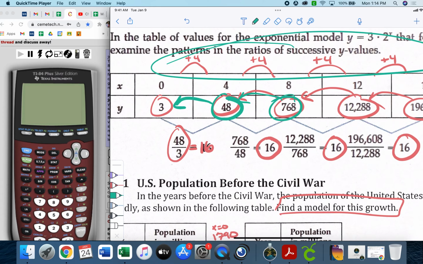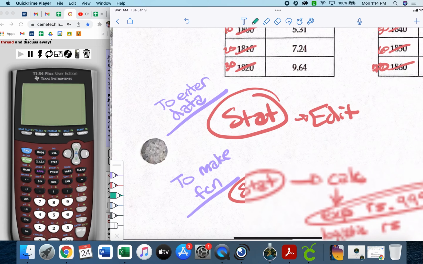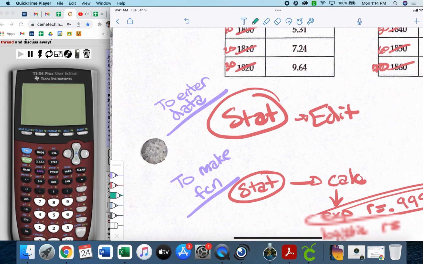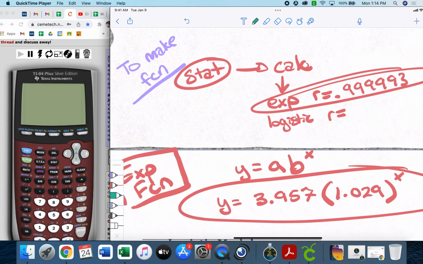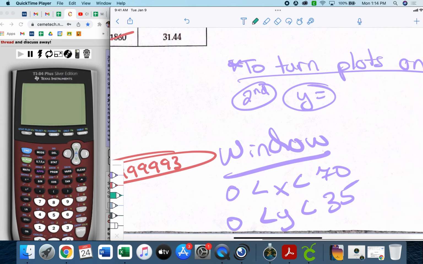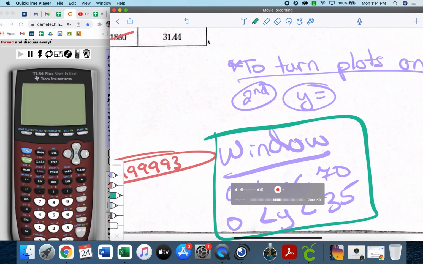So we wrote down some stuff to enter data. You go stat edit, you type your data in. To make a function, you go stat calc, and then you go down to whatever regression you're doing, so exponential or logistic. Then, if you want to plot something and it's not already plotting, you either need to change your window or turn your plots on.